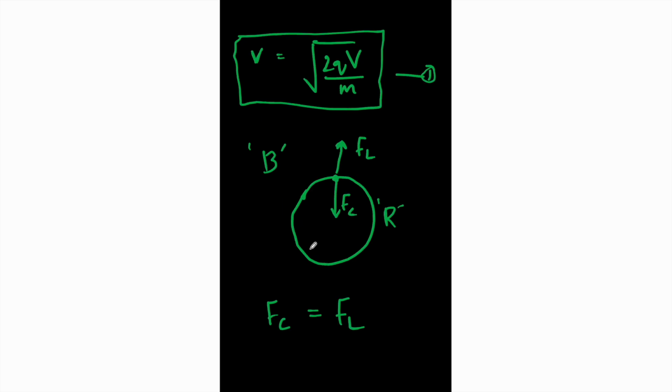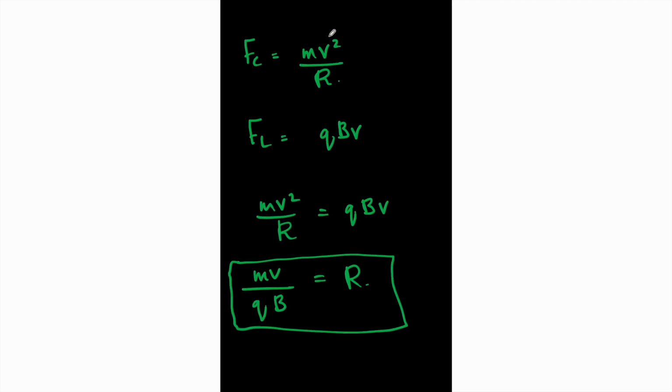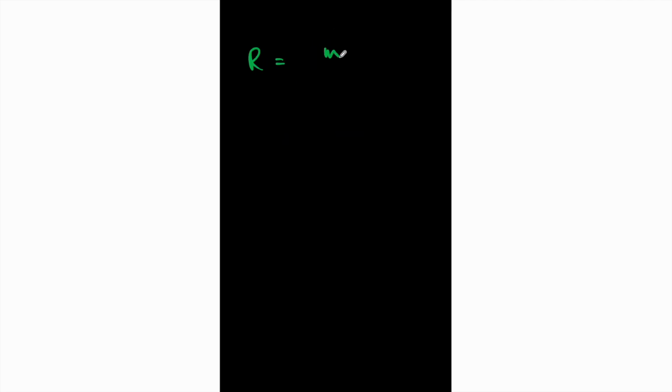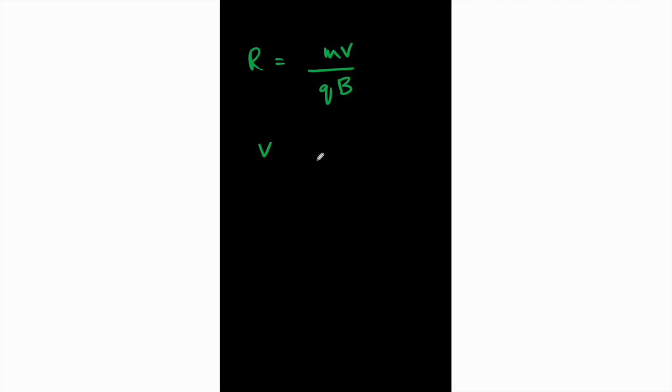v is the velocity. It is root 2qV by m, from equation 1. Let's substitute that here. So radius is equal to m v by qB, where v is root 2qV by m.